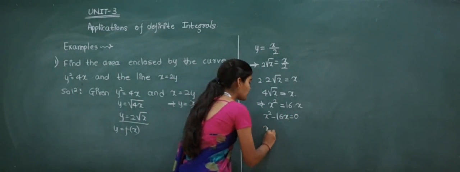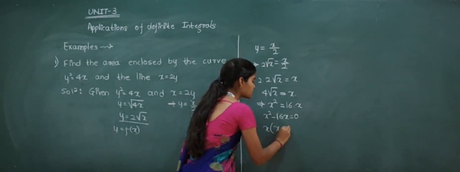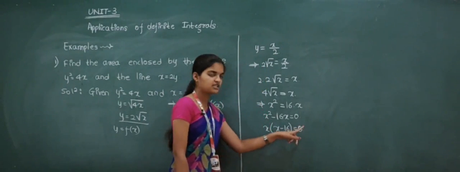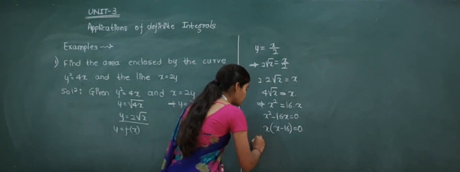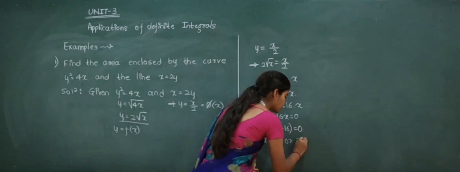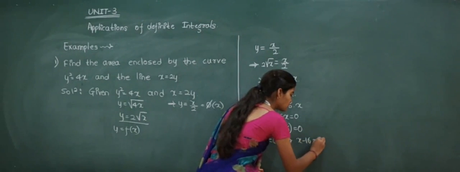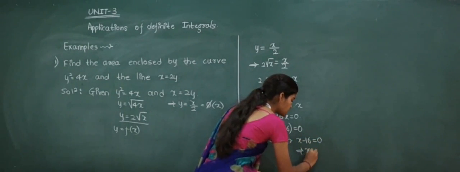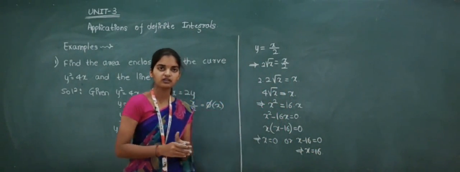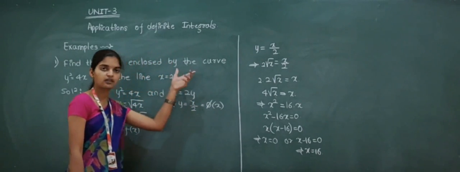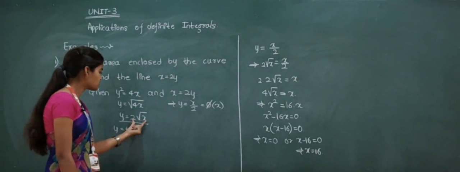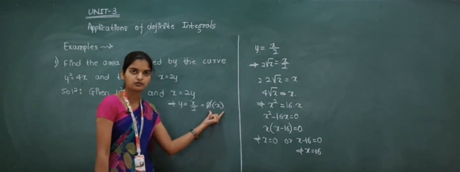Then take x common, that is x into x minus 16 is equal to 0. From this I can tell x is equal to 0 or x minus 16 is equal to 0, and from this x is equal to 16 we can get. So for the given problem, we have got two y functions, f of x and phi of x.